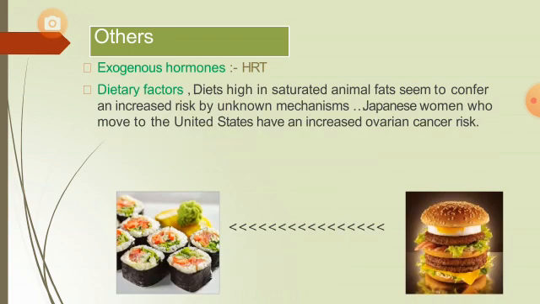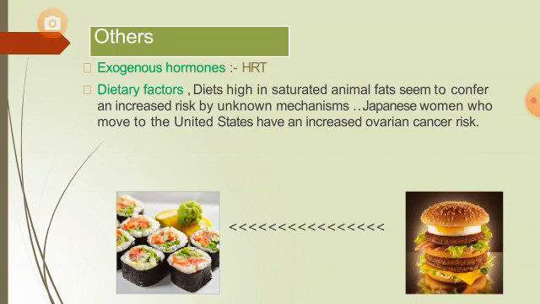Other factors include exogenous hormones, hormone replacement therapy taken by some menopausal women, and dietary factors. A diet rich in saturated animal fats seems to confer an increased risk by unknown mechanisms.